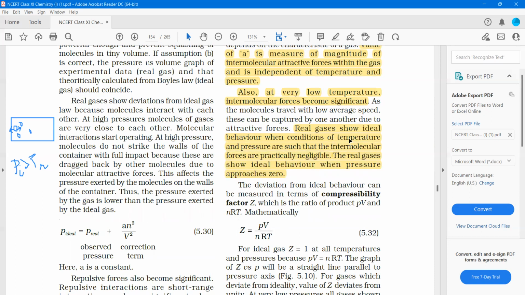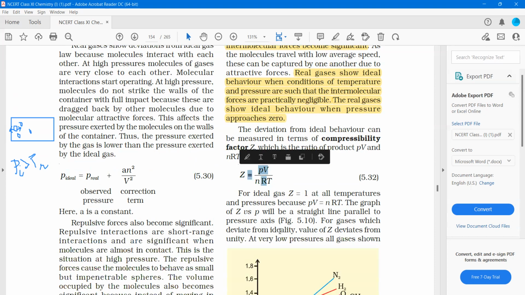Now the deviation from ideal gas behavior can be measured in terms of the compressibility factor Z, which is the ratio of PV and nRT mathematically. So if Z equals 1, then PV equals nRT. That means Z equals 1 for ideal gases. But Z is not equal to 1 for real gases. There is some compressibility factor in case of real gas, which is not 1.